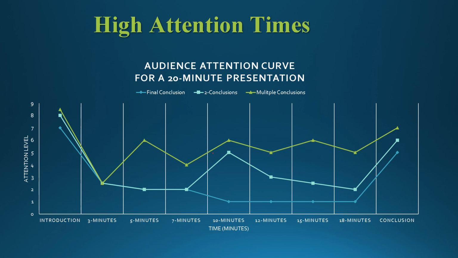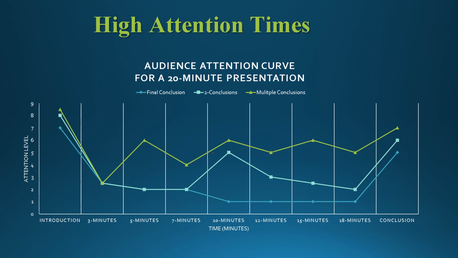Starting at about 4 or 5 minutes, we introduce a conclusion, and the conclusion brings the attention level up to about 6. It then begins to decline, which is natural.